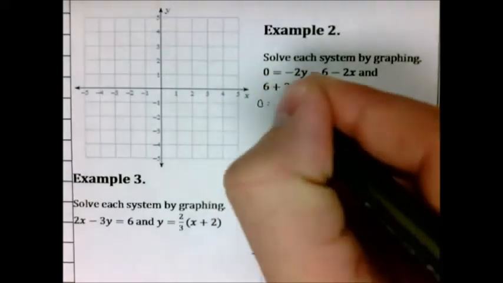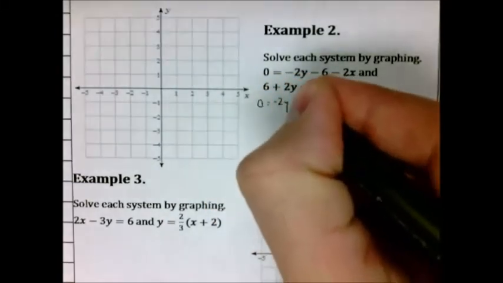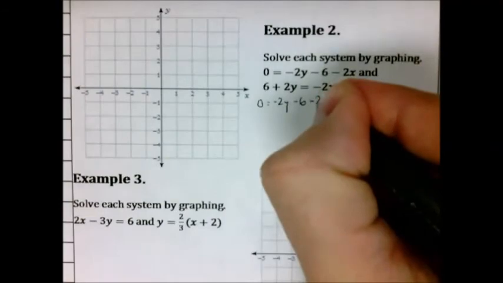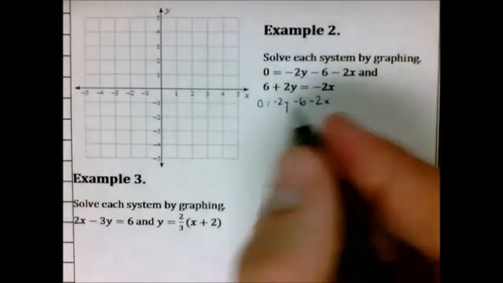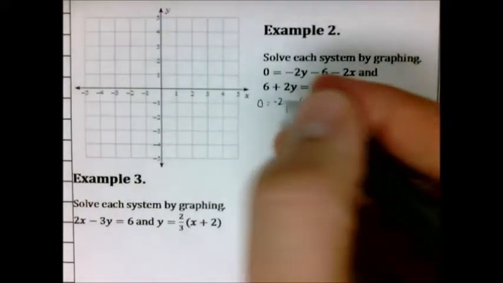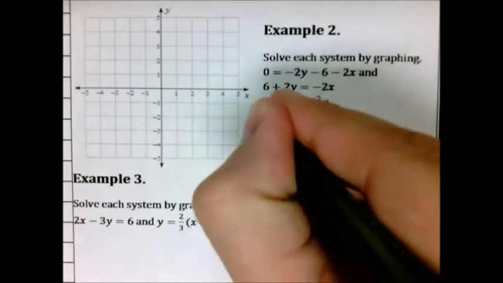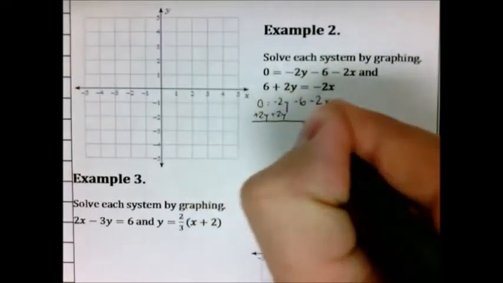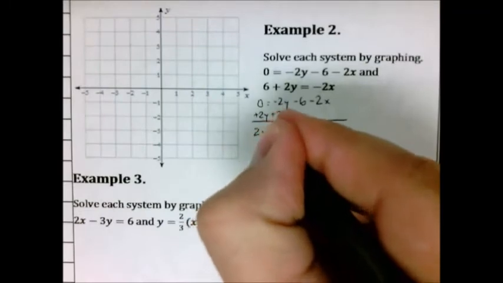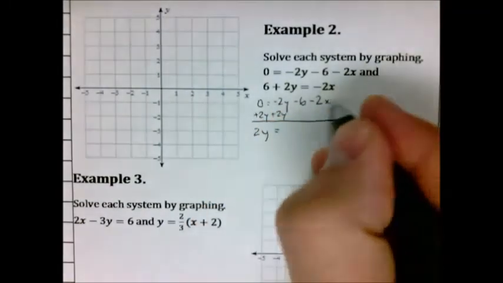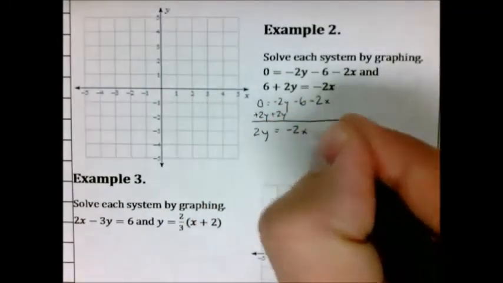We've got 0 equals negative 2y minus 6 minus 2x. And what we're going to do is we want y on one side of the equation, so I'm going to add 2y to both sides, because that'll give me 2y is equal to, I'm going to rearrange this a little bit, negative 2x minus 6.